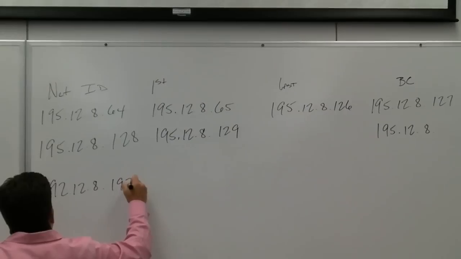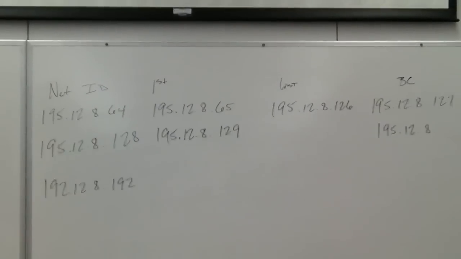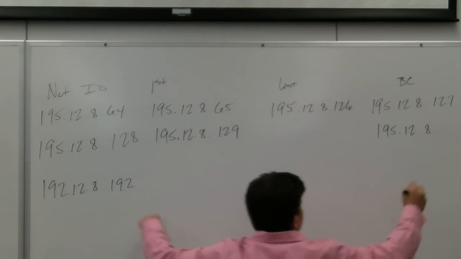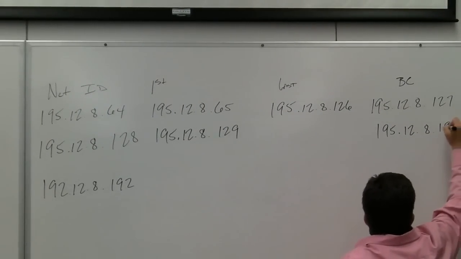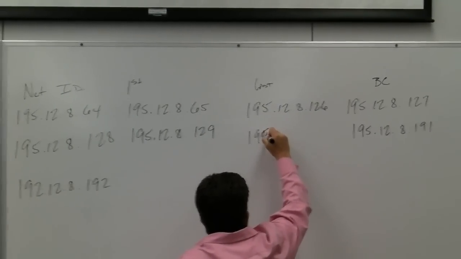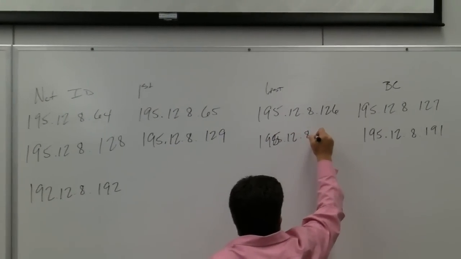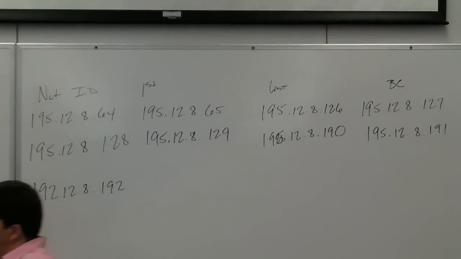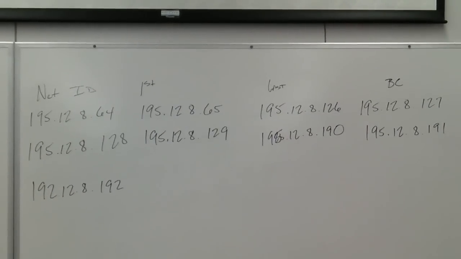But it would be the next network, we just don't assign it. So subtract 1 from that. And then subtract 1 again. Sorry, that should be a 5. Right? That's it. That's what you're allowed to give away.